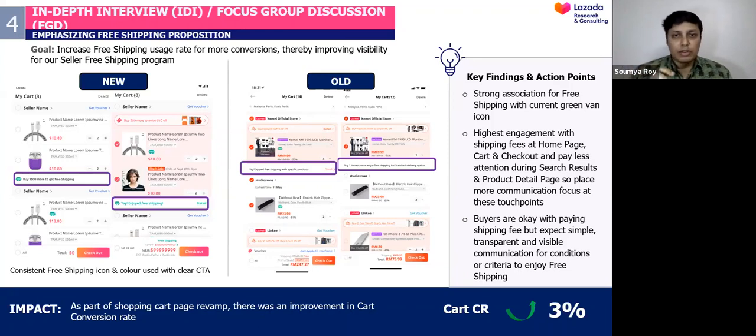It was not always in the form of a green van. So it was made standardized. It was always a green van in the new app, and therefore people recognized it more, and it resulted in higher conversions from cart to checkout.